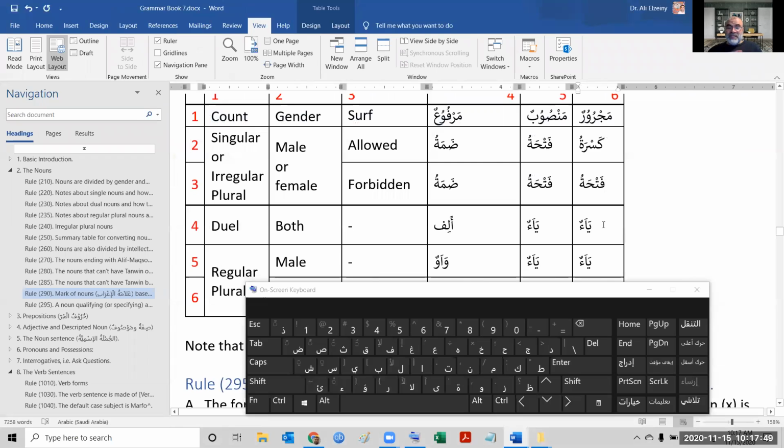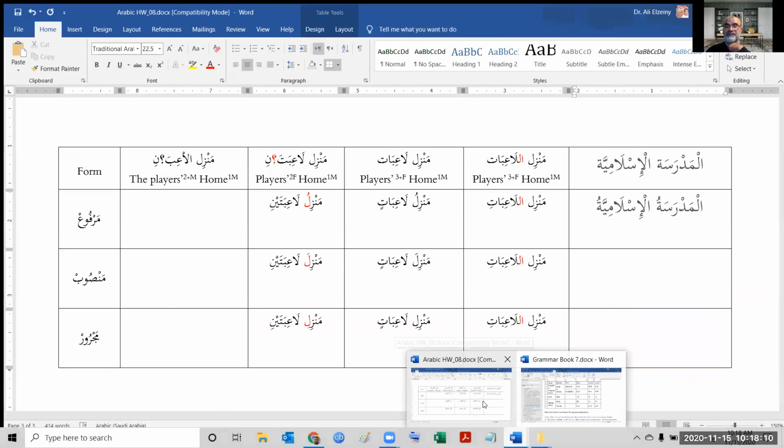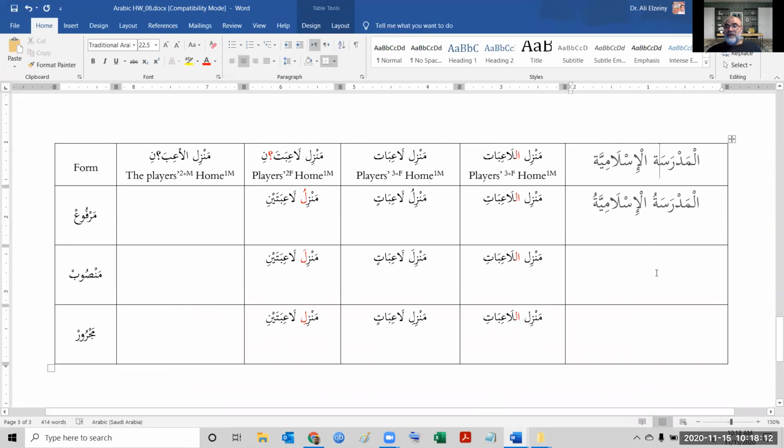Sarf is allowed. So it is damma for marfu', fatha for mansub, kasra for majroor. So you go back here. What's wrong with this? Yeah, it's right there. If I copy those like this, I would be changing this to fatha.